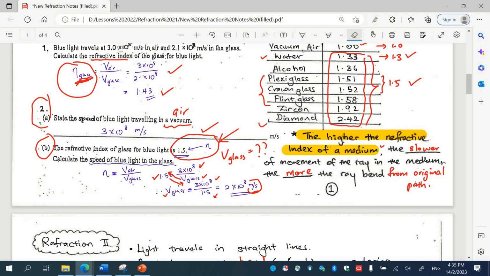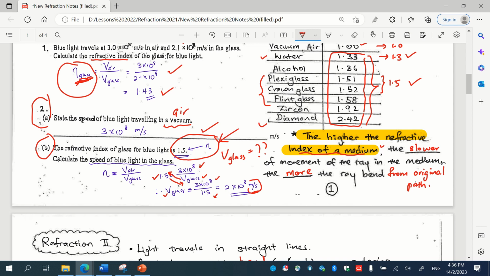The slower the movement of the ray in the medium. The higher the refractive index in the medium, the slower the speed of light in the medium, the slower it moves.